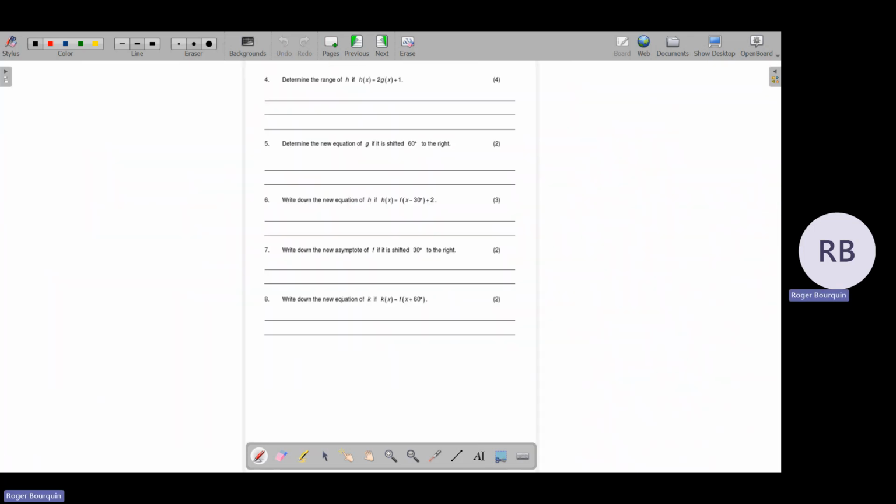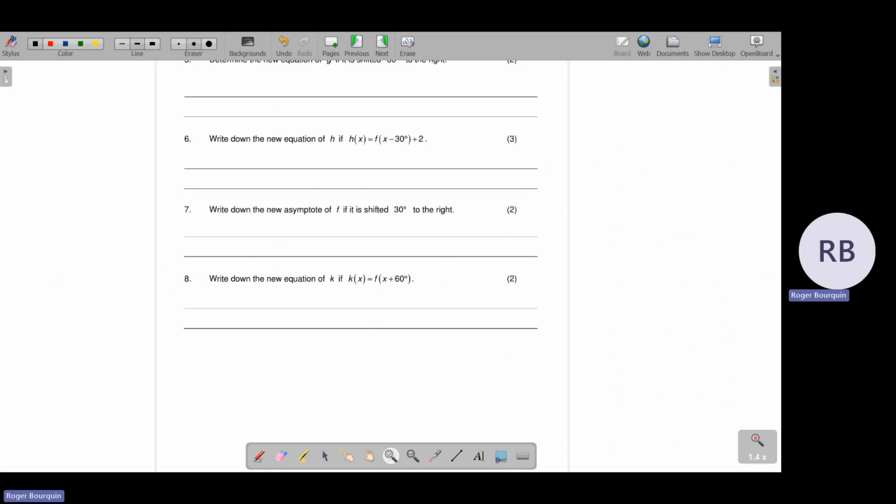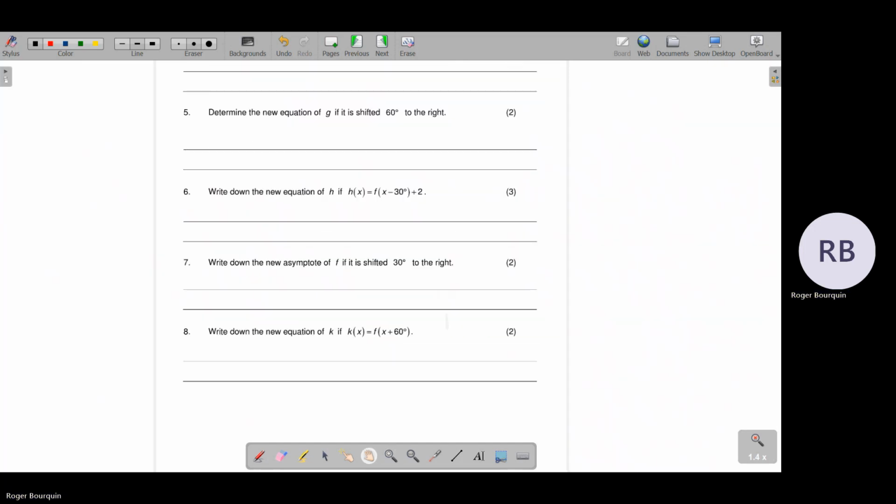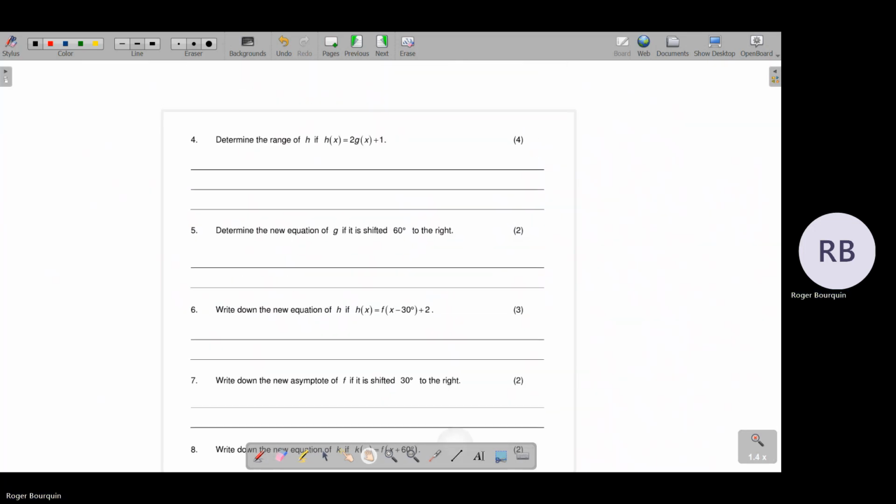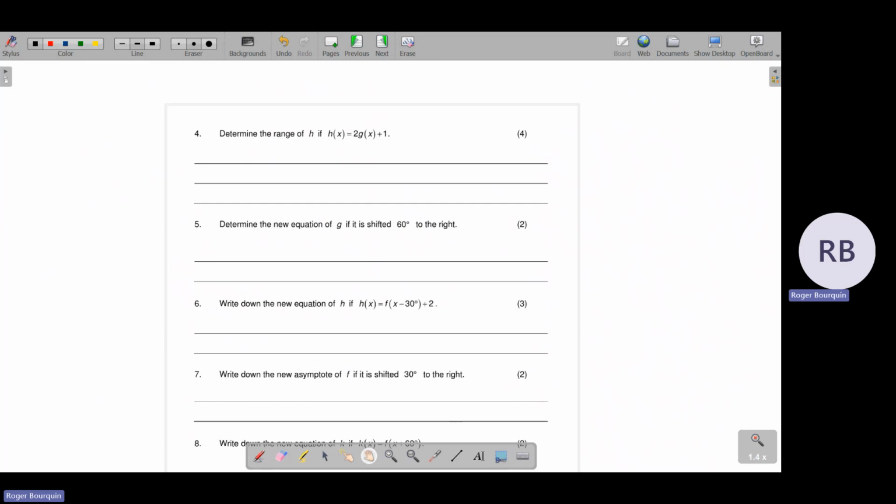This is still about this graph. Try to think about it. What is this saying to me? What was the original equation of g of x? g of x was cos x minus 30.